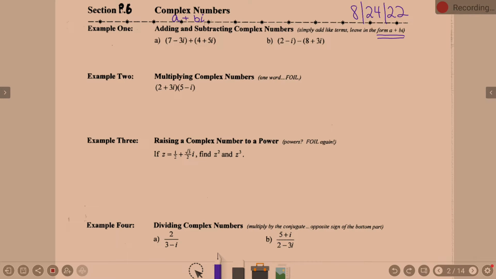Now, we've talked about i. What is i, besides a letter of the alphabet? What is i when we're talking about the imaginary unit? It's an imaginary number, but what is the value of that imaginary number?